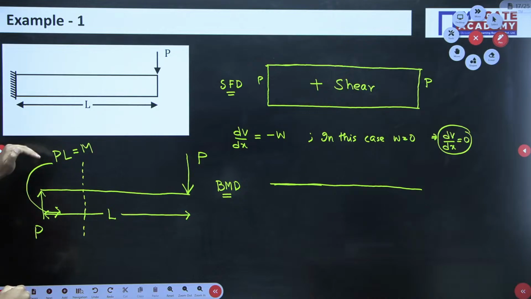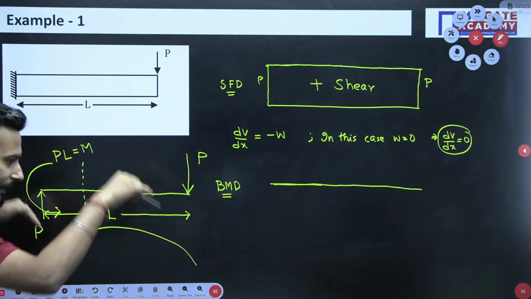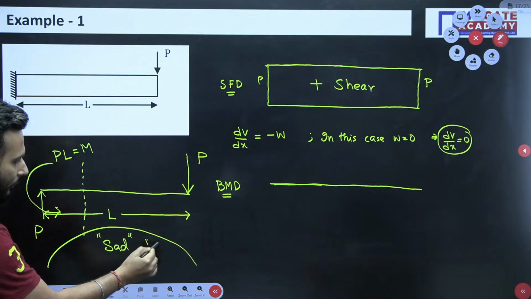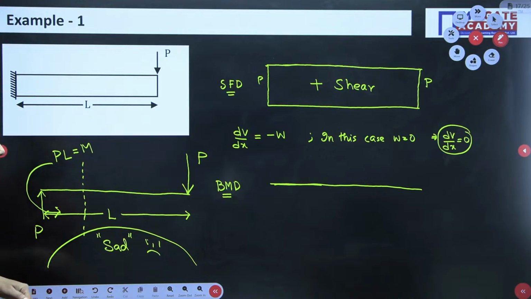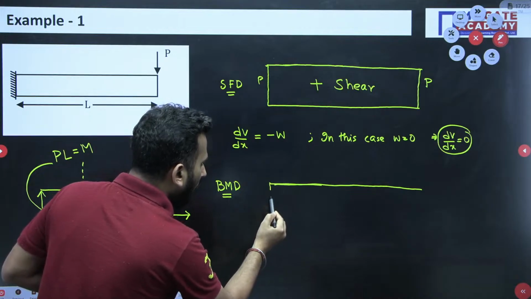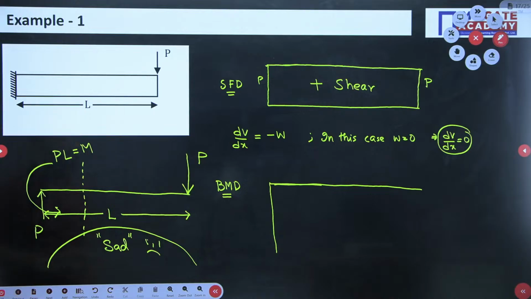At this point there is a hogging bending moment, a bending moment which creates a hogging effect, a sad smiley, a sad effect. So sad effect means it is negative. So what is the magnitude? PL. So I will draw on the negative side a magnitude of PL.